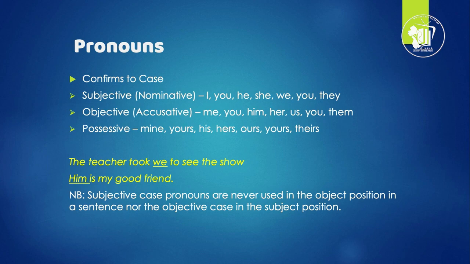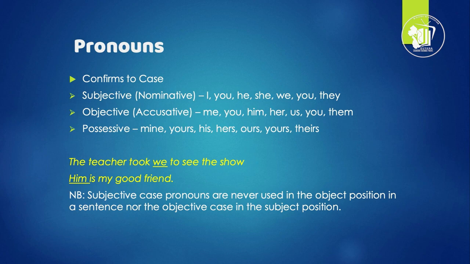Then we also have the objective or accusative, which would be me, you, him, her, us, you, and them. Then we have the possessive, which are identified as mine, yours, his, hers, ours, yours, and theirs.